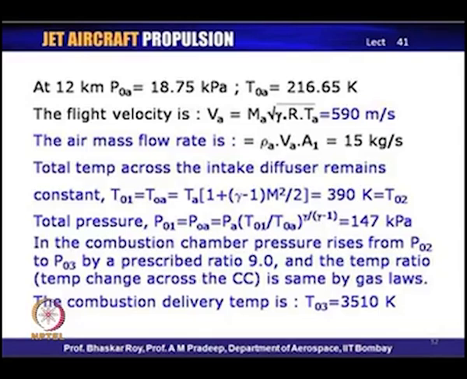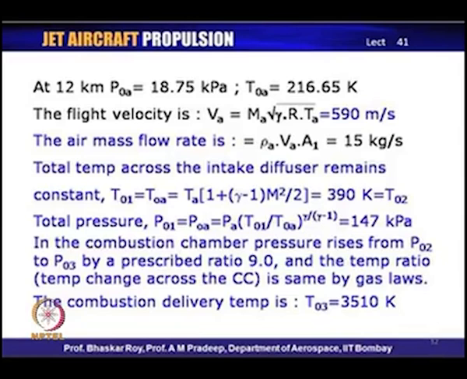The corresponding total pressure is given in terms of P01, and that remains the same as P0A, which is 147 kilopascals. Now, in the combustion chamber, it is prescribed that the pressure rises from P02 to P03 by a ratio of 9.